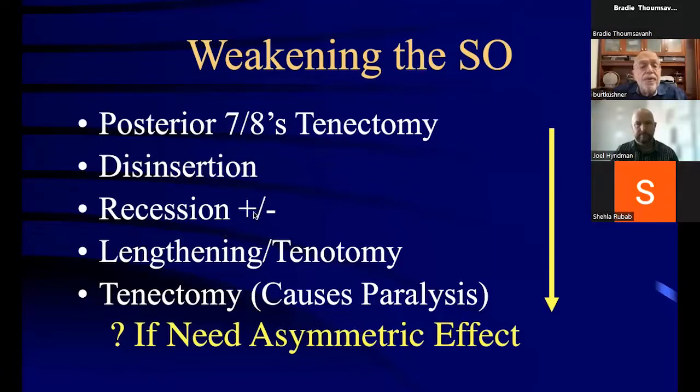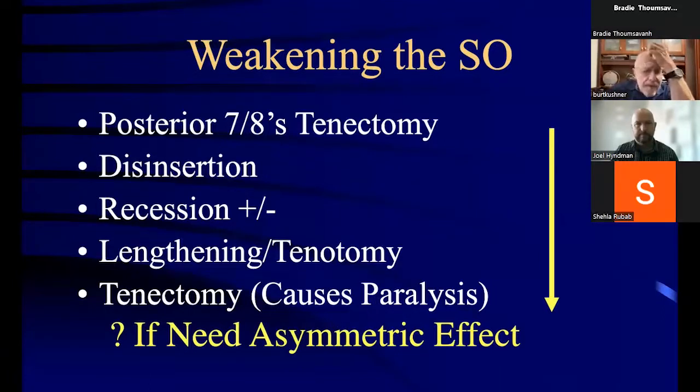Recessions, I put a plus minus because depending how you do them, they may fit in a different location on this hierarchy. Lengthening procedures, either the silicone expander or the Z lengthening tenotomy. And then tenectomies, cutting out a piece, which will often cause a paralysis.